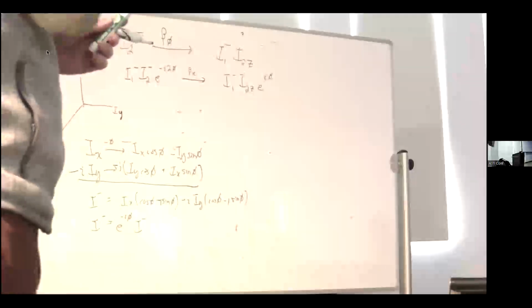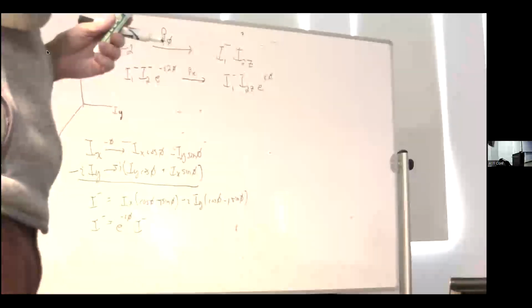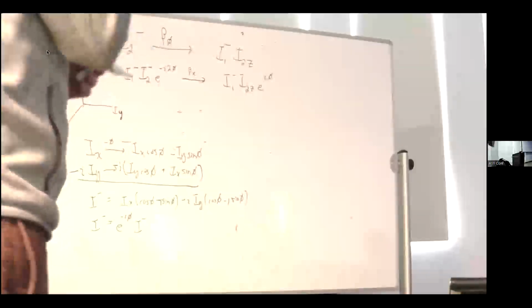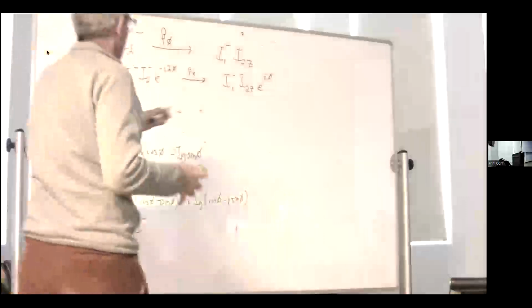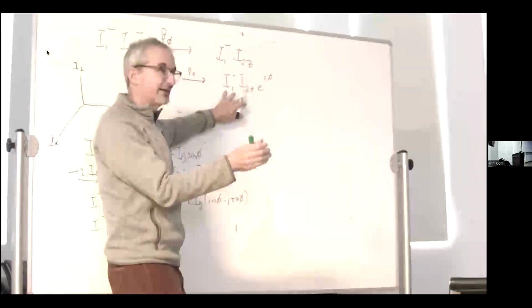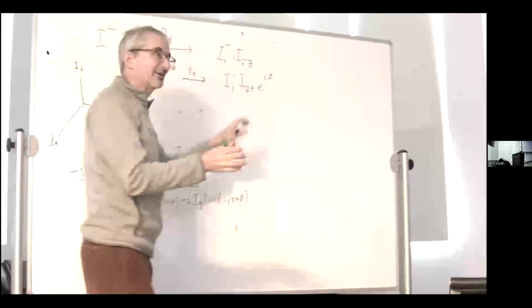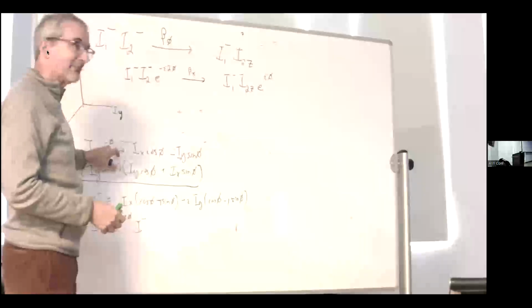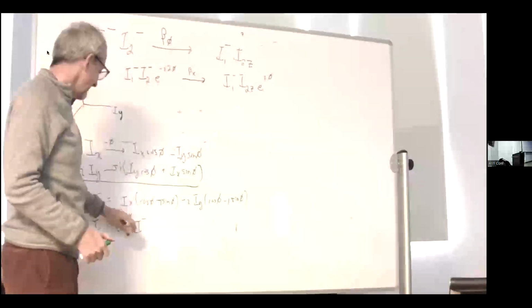Wouldn't it be e to the minus i phi? Well, I'm rotating I minus again, but I have to rotate it in the plus direction rather than the minus direction. So here we're rotating by minus phi and we got minus i phi.